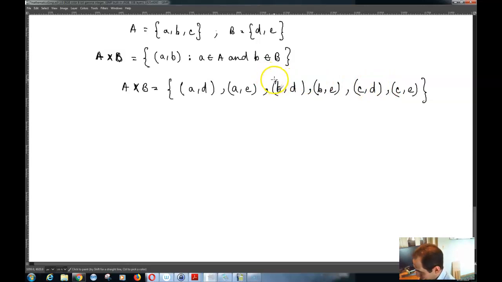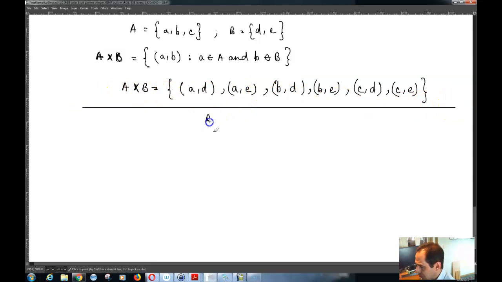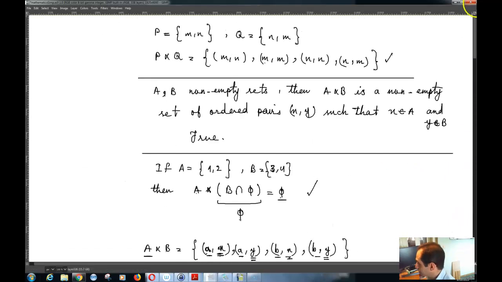Now, as an example, there is a concept called the relation, and in order to understand what a relation is, we need to have an example over here.